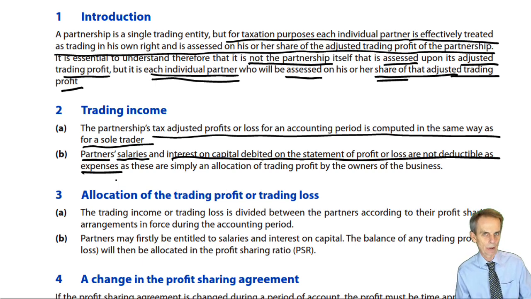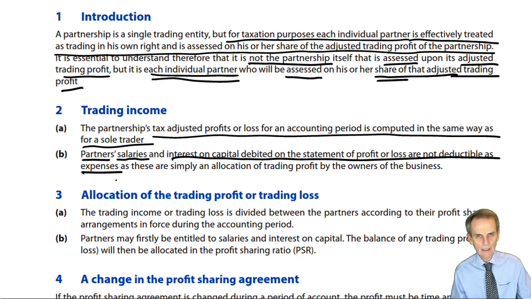They are partners. And any salary, or indeed interest on capital, that may be credited to partners is simply a way of sharing out the tax-adjusted trading profit. So we use the information in the profit sharing agreement for the accounting period in question.